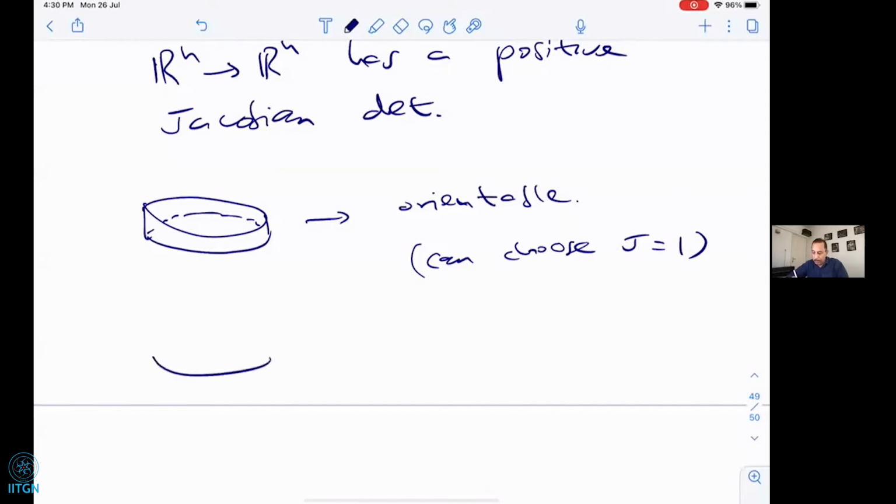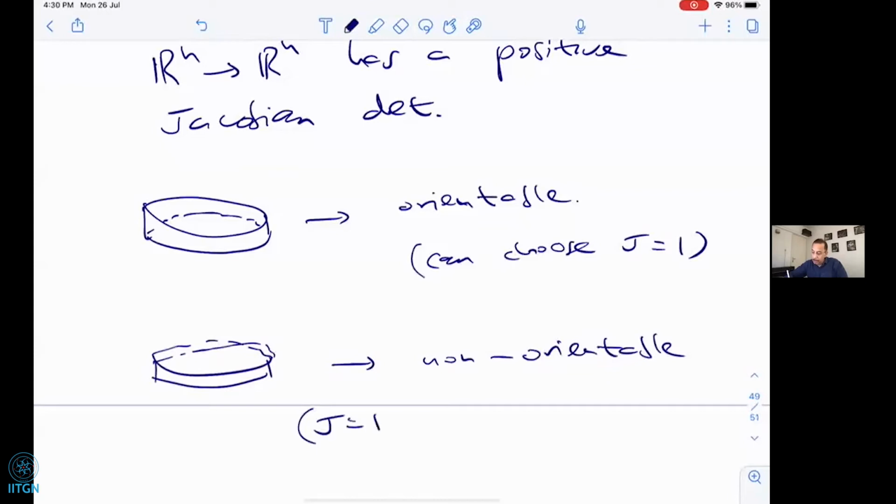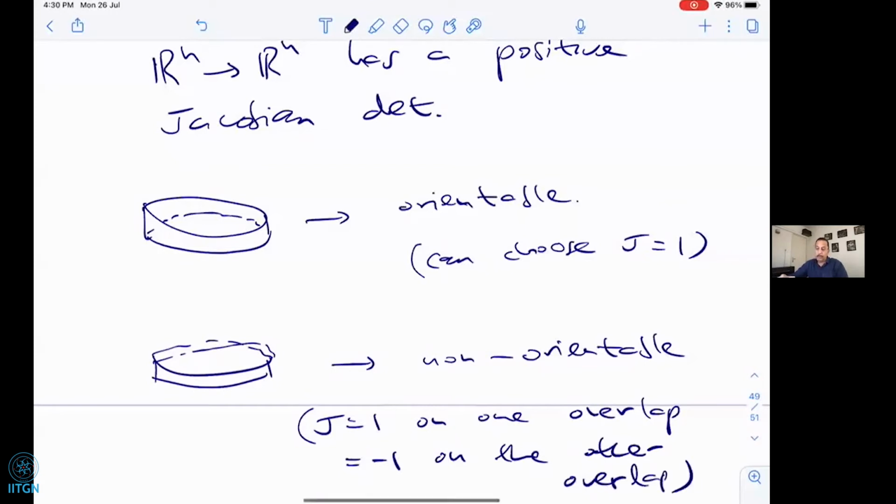But now if we apply the same logic to the Mobius strip, which looks like this, then it's non-orientable. What we find is J equals 1 on one overlap, but it's equal to -1 on the other overlap. So that's the key difference.